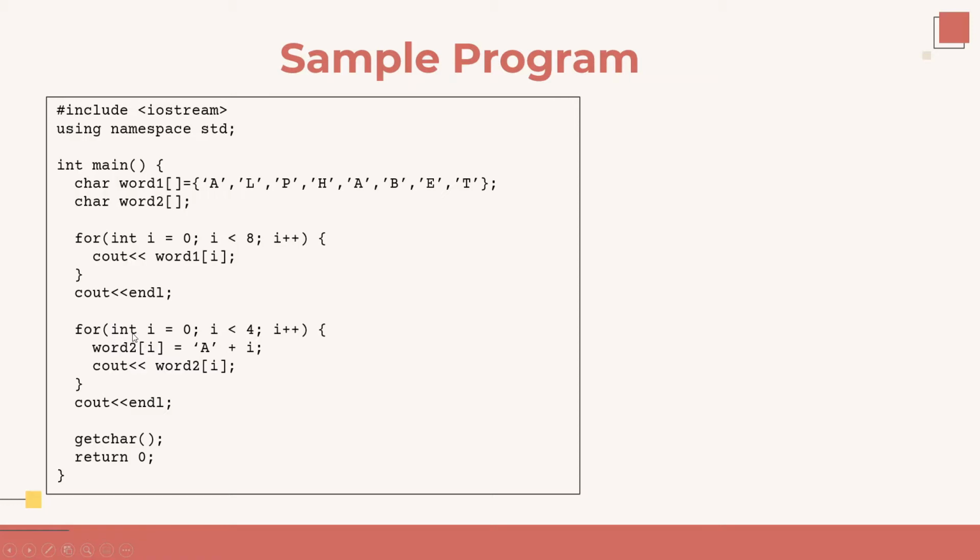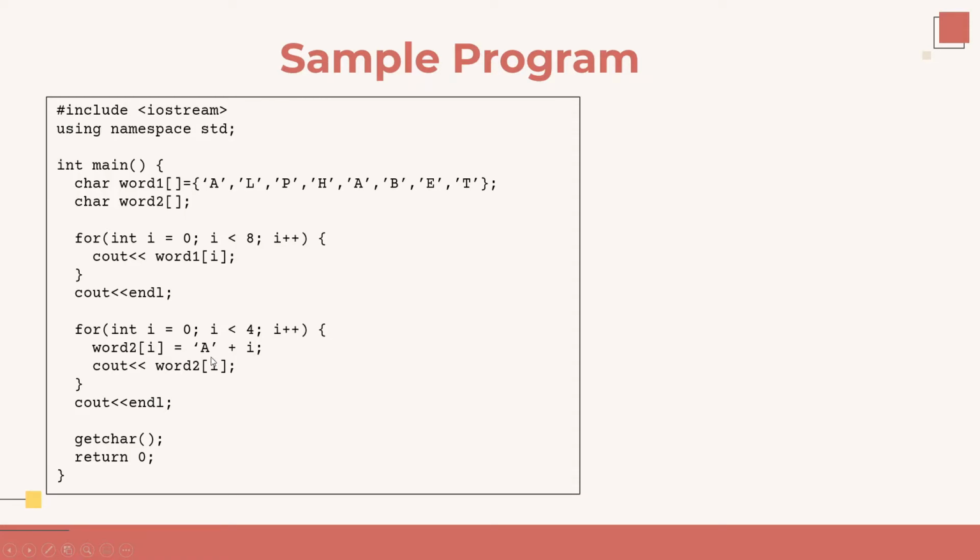Okay, and then the second for loop from i is 0 until i is less than 4. It means that it is 3 and the value of i increases one by one. The char data type is similar to an integer data type because char is filled by ASCII characters which are encoded with an integer number from 0 until 127.